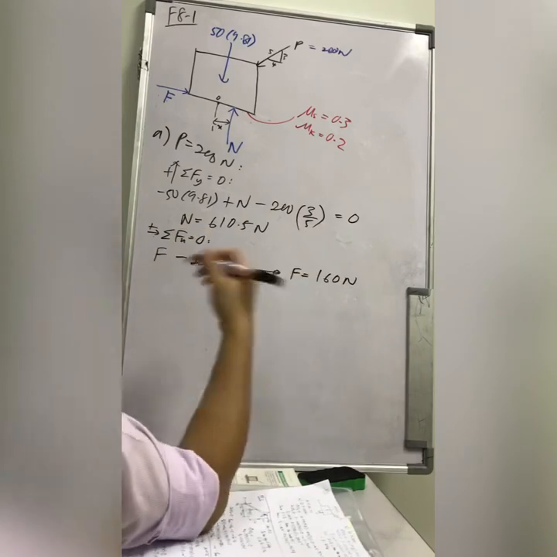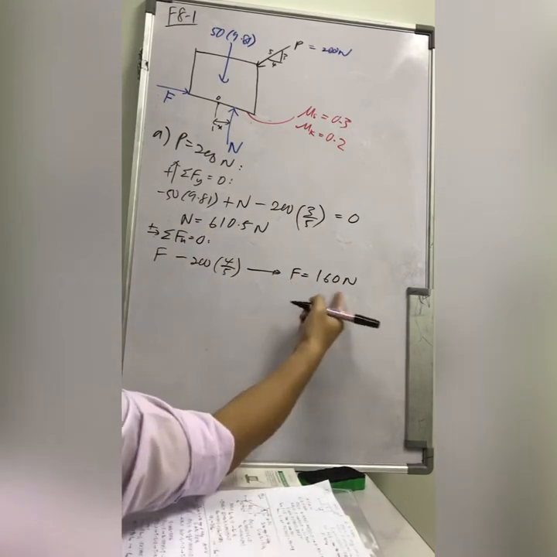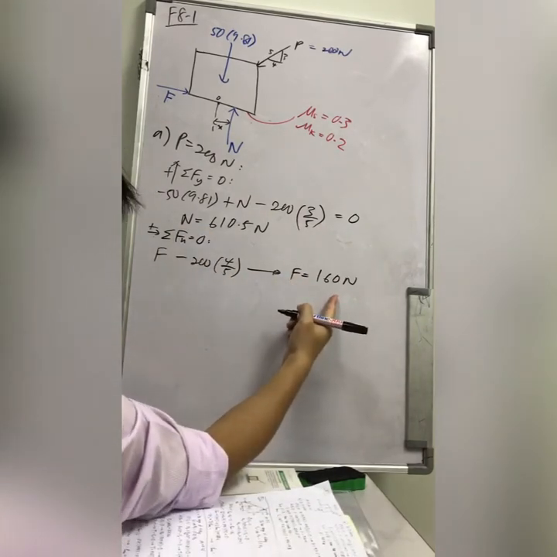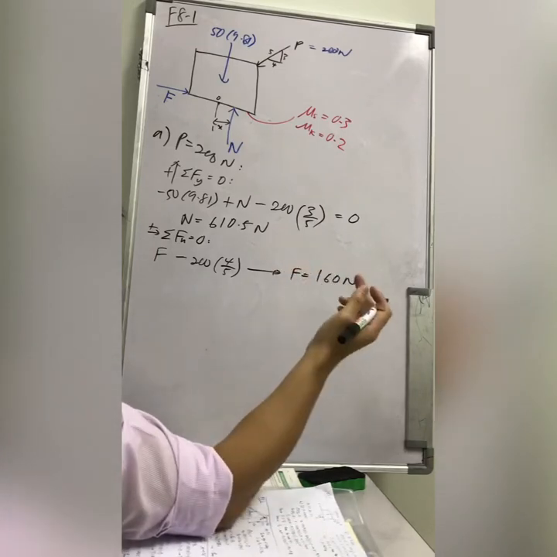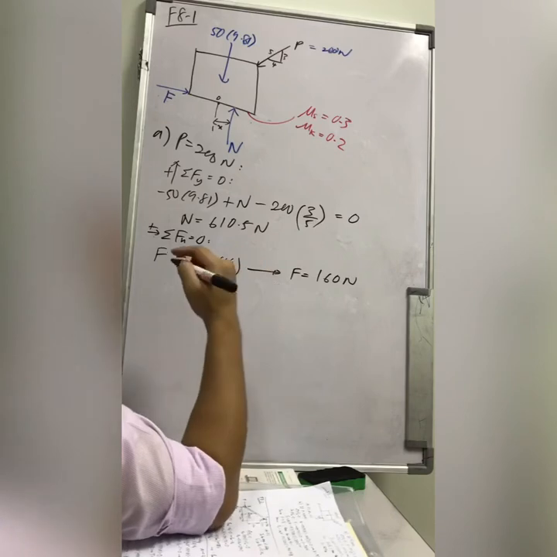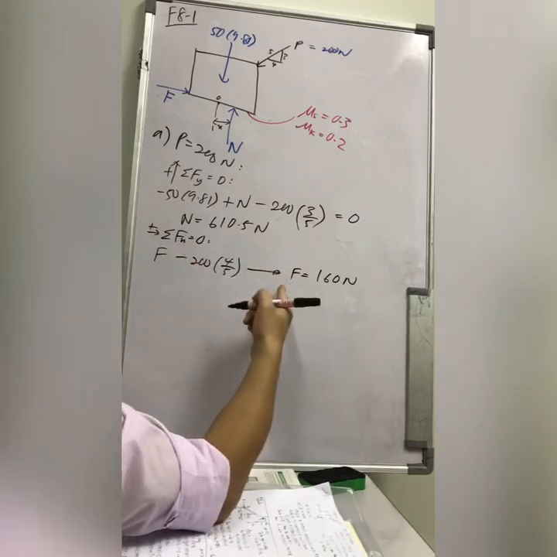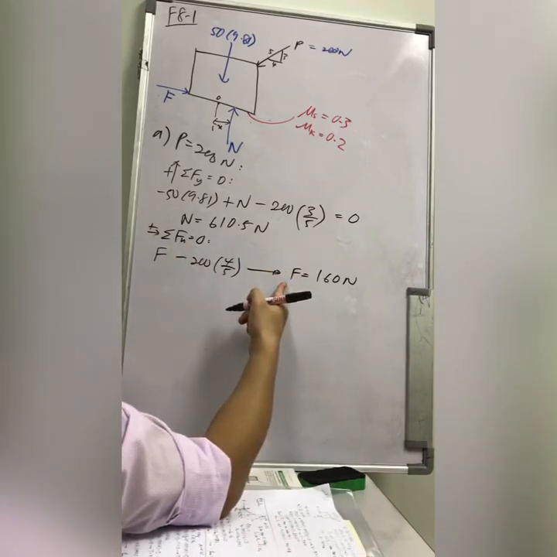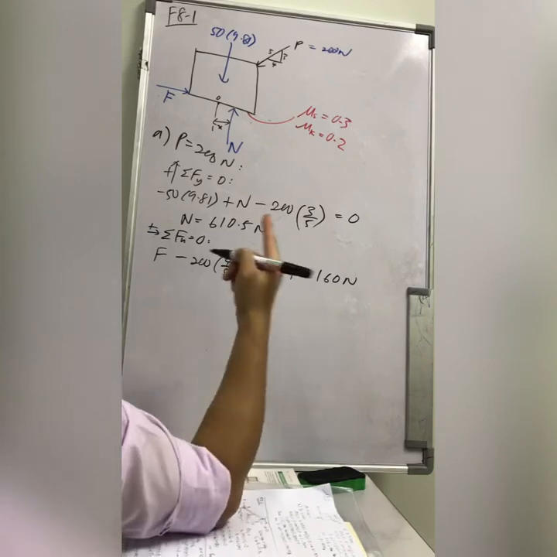What do we have to do next? This is the friction force for case A when P equals 200, but you need to check whether this friction force is valid or not. So how do you check that?